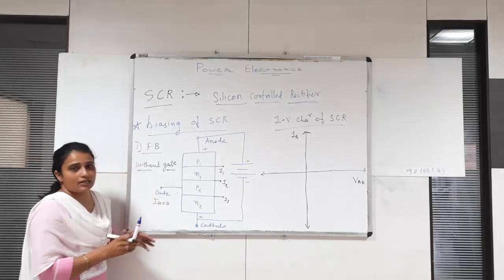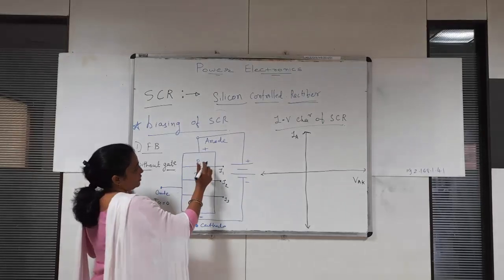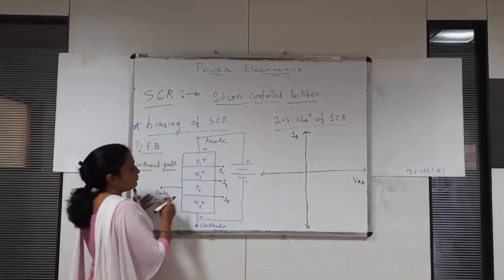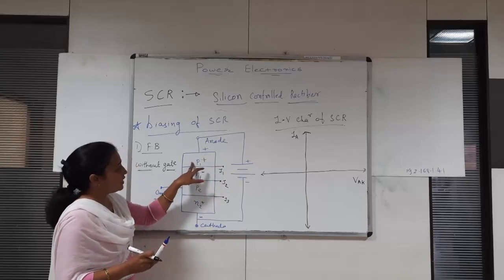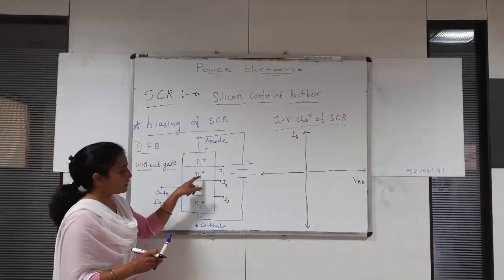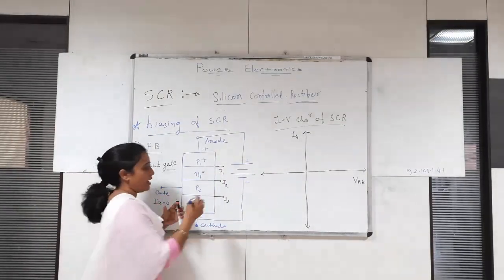Now how is the SCR operated in forward biasing? See here, in forward biasing, this P1 layer is positive with respect to N1, which is negative.